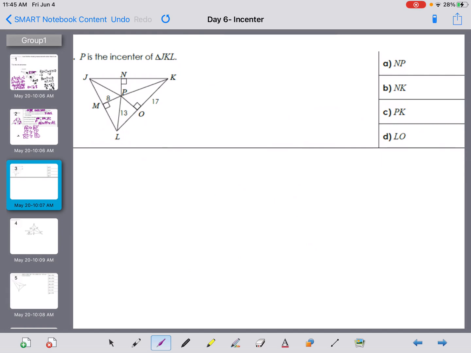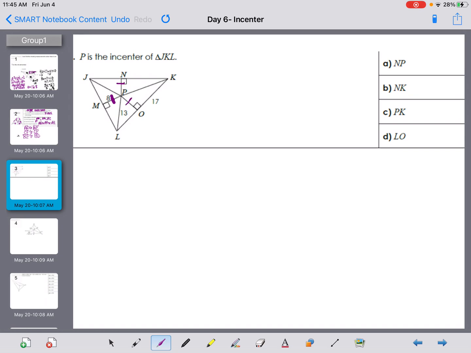Okay, so P is the incenter of triangle JKL. I know that MP is 8, LP is 13, and KO is 17. So from this last slide that we went over, we know we have congruent parts. I know that NP is congruent to MP, which is also congruent to OP.